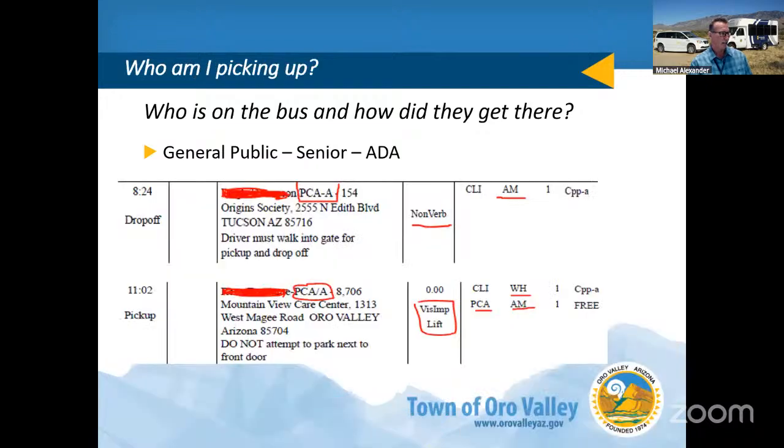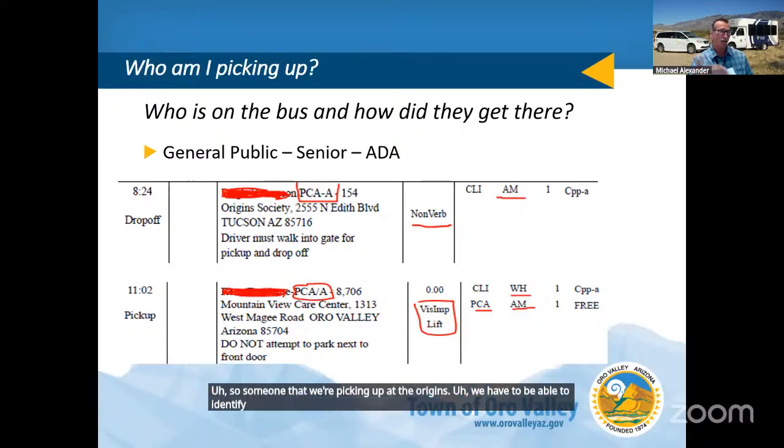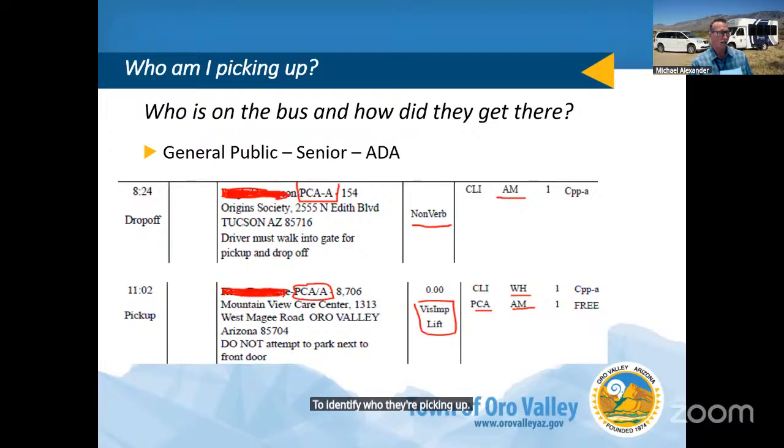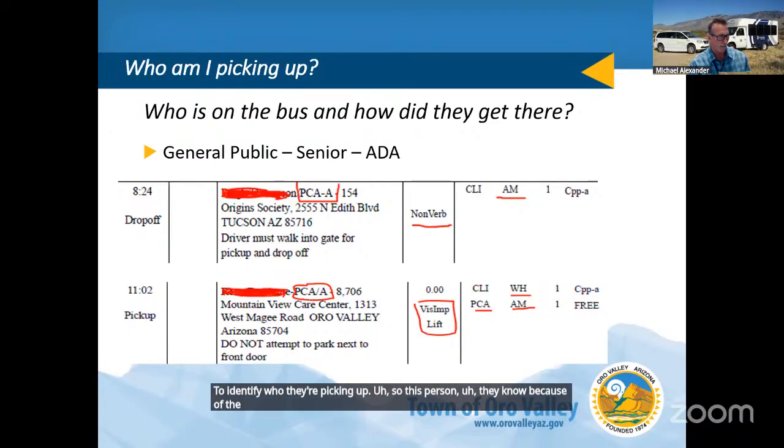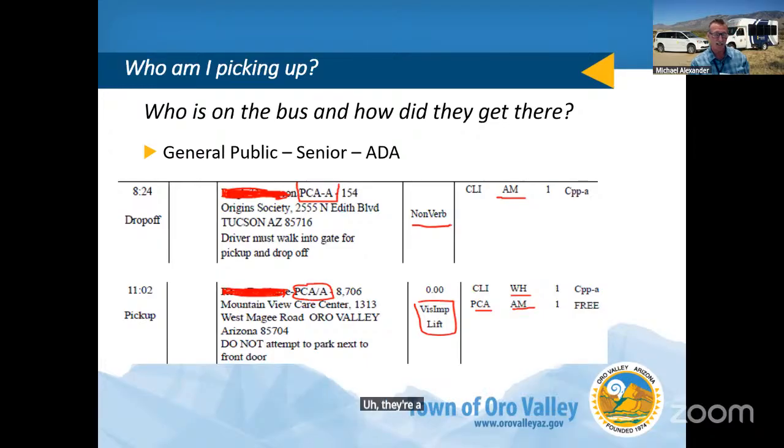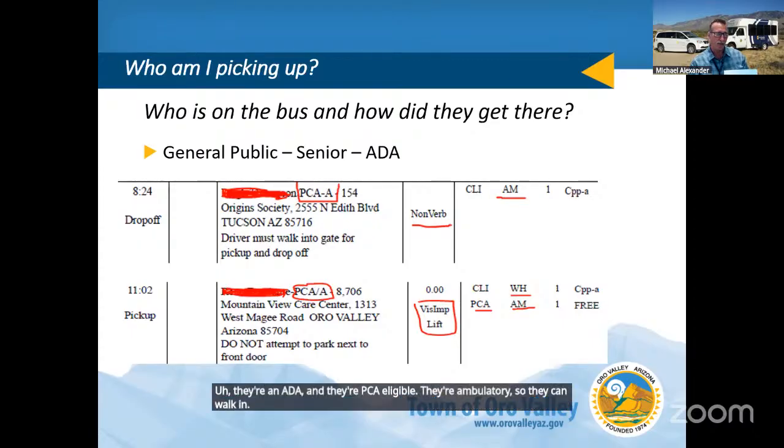Okay, again, I crossed off the names here. For someone that we're picking up at the origins, we have to allow the driver to identify who they're picking up. This person, they know because of the letters we put after their name, is ADA and PCA eligible. They're ambulatory, so they can walk in, but they're nonverbal.